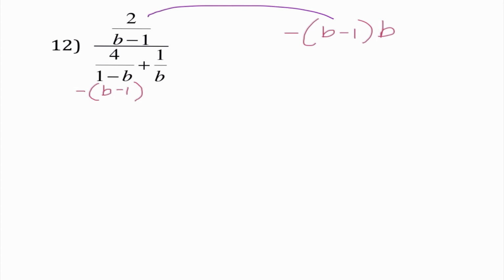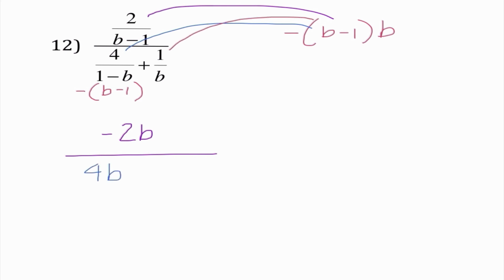So when I distribute to this numerator, the b minus 1's cancel out, so I'm left with negative 2 times b. In the denominator here, when I distribute to that 4, the negative b minus 1's cancel out, so I am left with 4b.